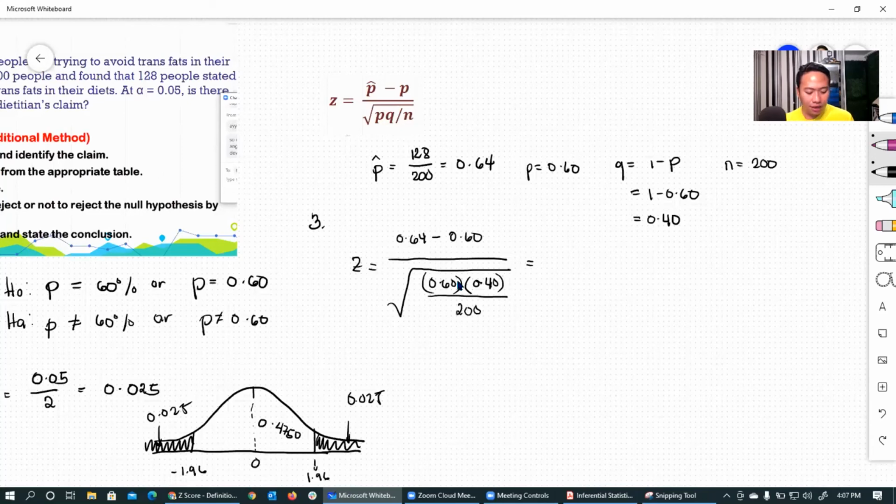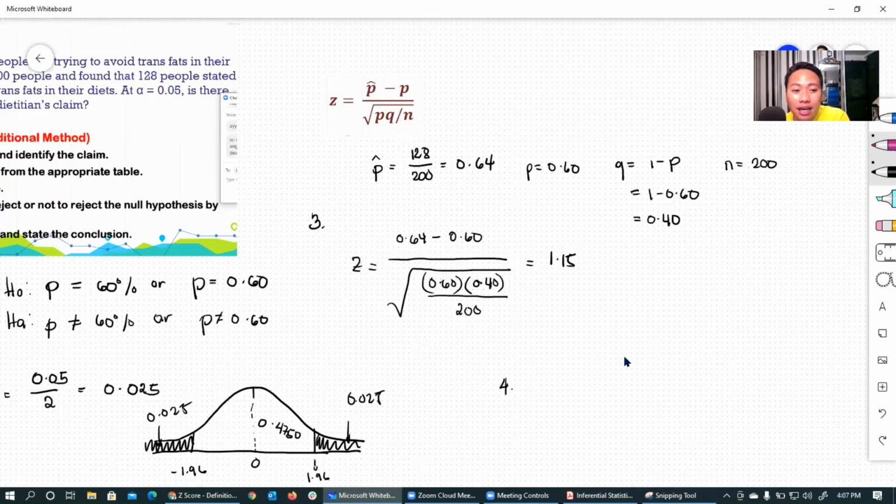So using our magical calculator, I have 1.15. Okay, so we have our step 3. We have computed our test value, which is 1.15.